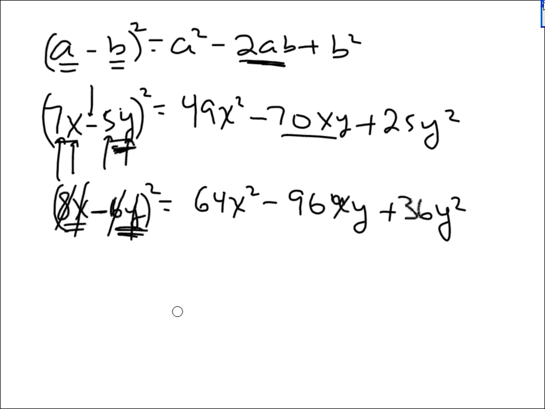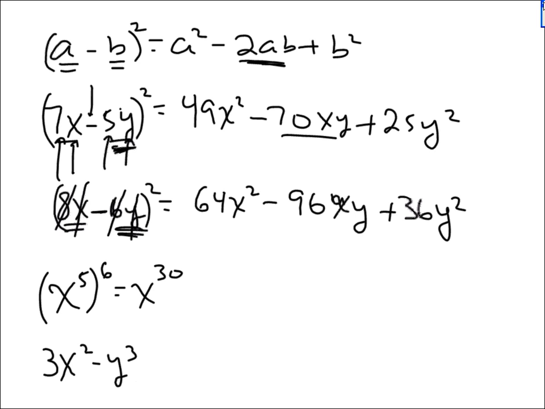Just to remind you, if you have something like x to the 5th to the 6th power, you multiply the powers. X to the 30th. So, what would you get if you have 3x squared minus y cubed all squared? Well, you get the first squared, 3 squared, now x squared squared, exactly like the example I just gave you.